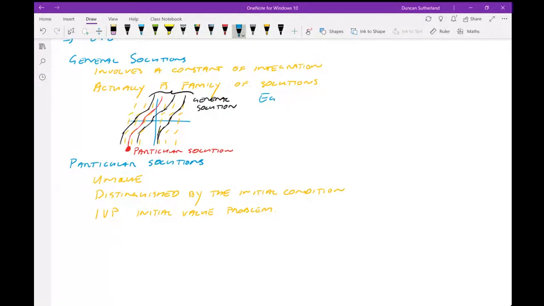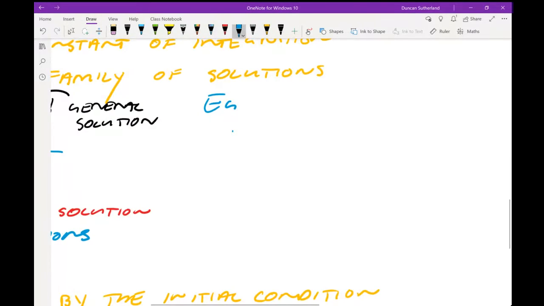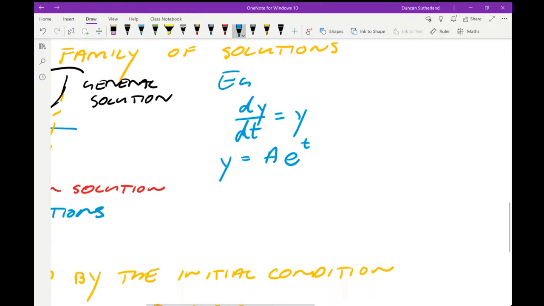For example, let's say we had the ODE that I just looked at, dy/dt equals y. The general solution is a constant times e to the t. Now you don't know how to solve this equation yet, but just believe me, you know that that is a solution because you just saw me verify it.